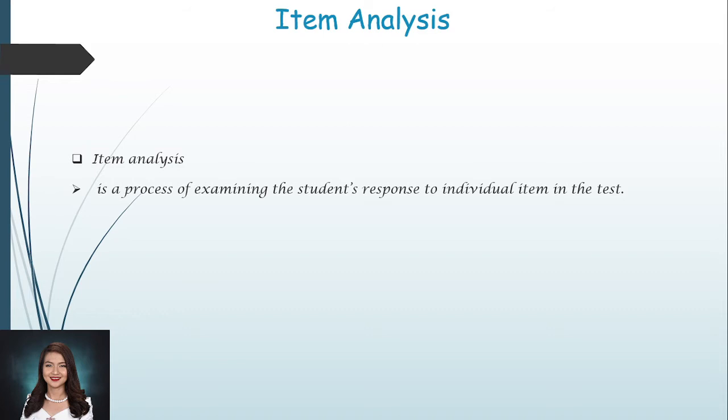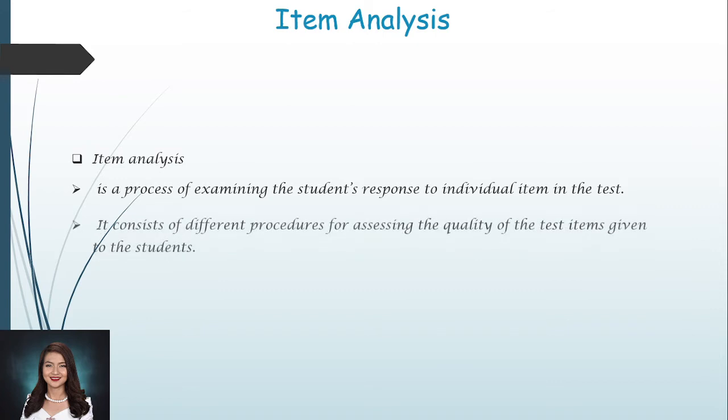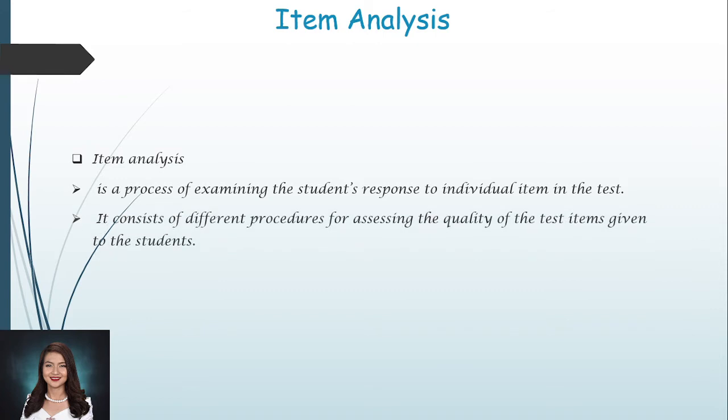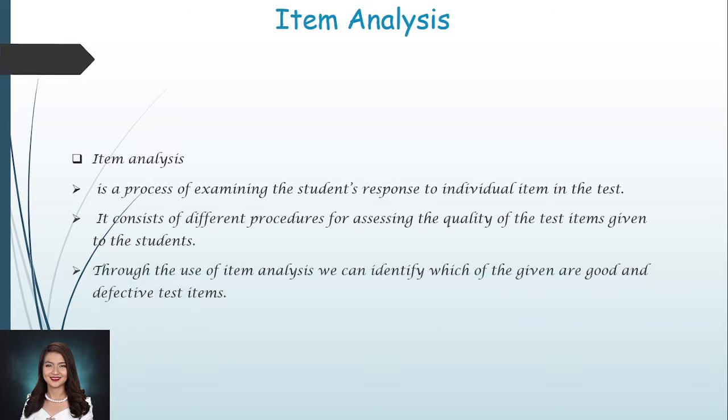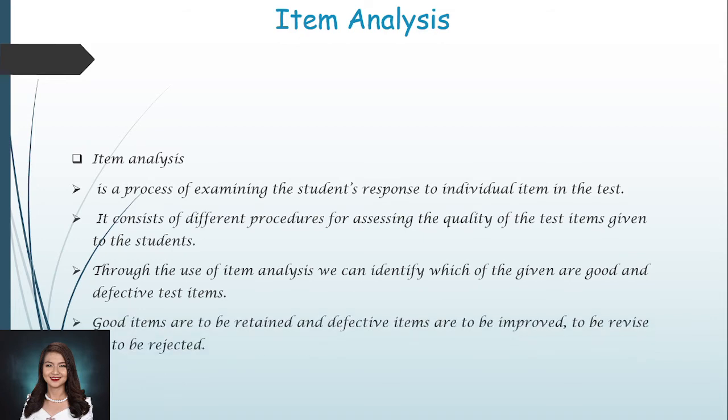It consists of different procedures for assessing the quality of the test items given to the students. Through the use of item analysis, we can identify which of the given items are good and effective. Good items are to be retained and defective items are to be improved, revised, or rejected.